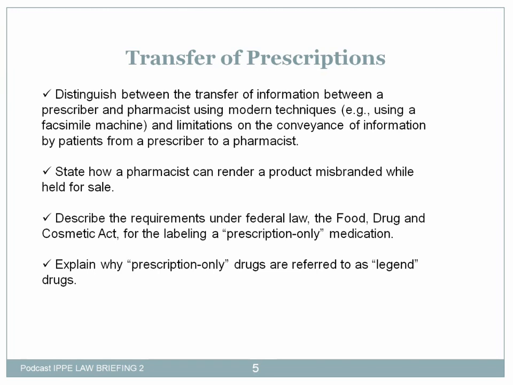So those are the only requirements under federal law, the Food, Drug, and Cosmetic Act, for the labeling of a prescription-only medication. The pharmacist's initials are not required to be on there, well, at least in some states. The name of the drug is not required to be on there.